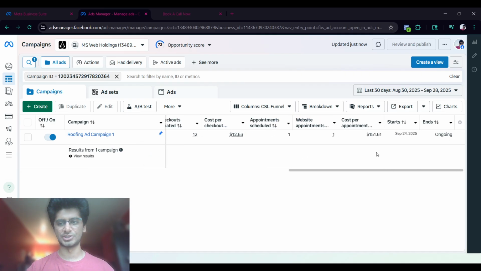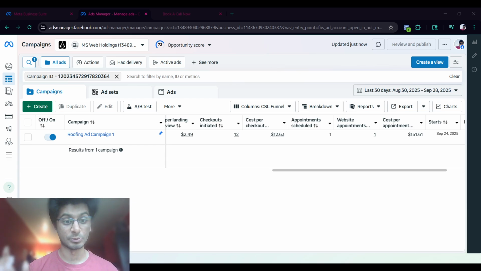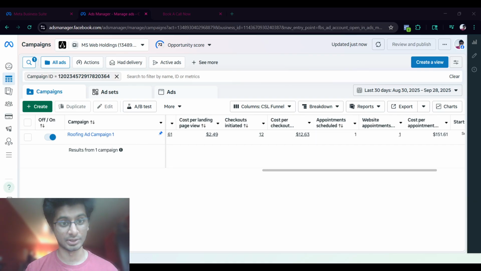So we can start off with, hey, did we book any calls? Yes, we did. If we didn't book any calls, we would go to the previous column, checkouts initiated. Did we initiate any checkouts? Yes. Meaning, if we had no book calls but we initiate checkouts, there's something wrong with the questionnaire or book call page, right? And then you'll have to go through that.